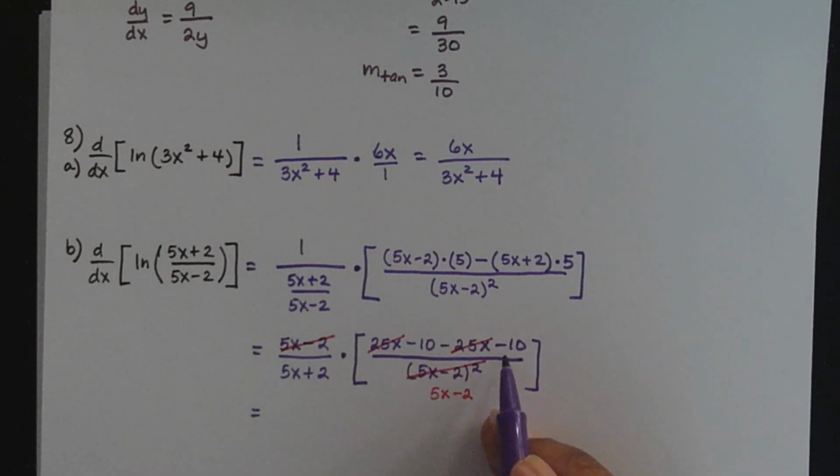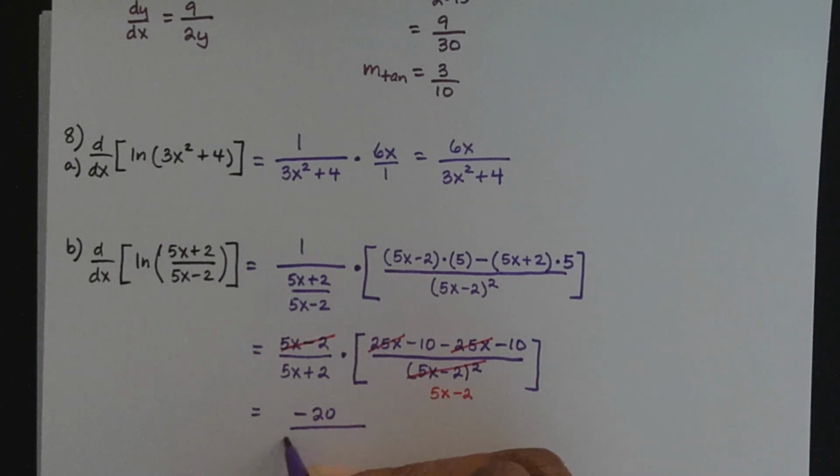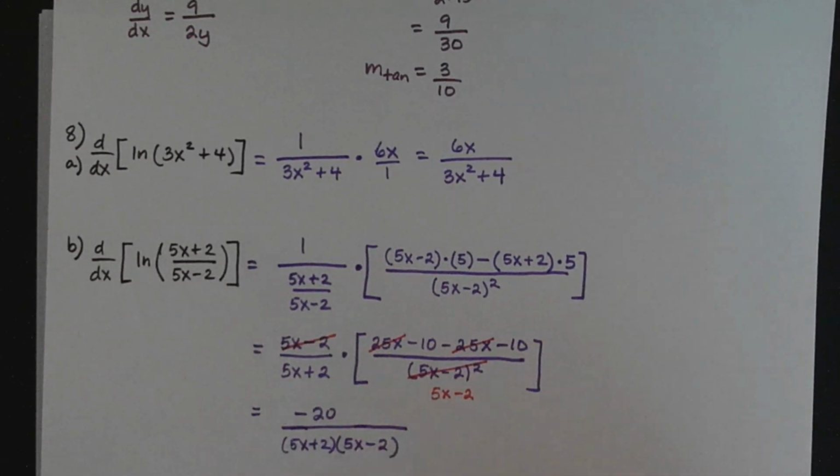So minus 10 and a minus 10, that's going to be negative 20, over 5x plus 2 in the denominator, and 5x minus 2 in the denominator.